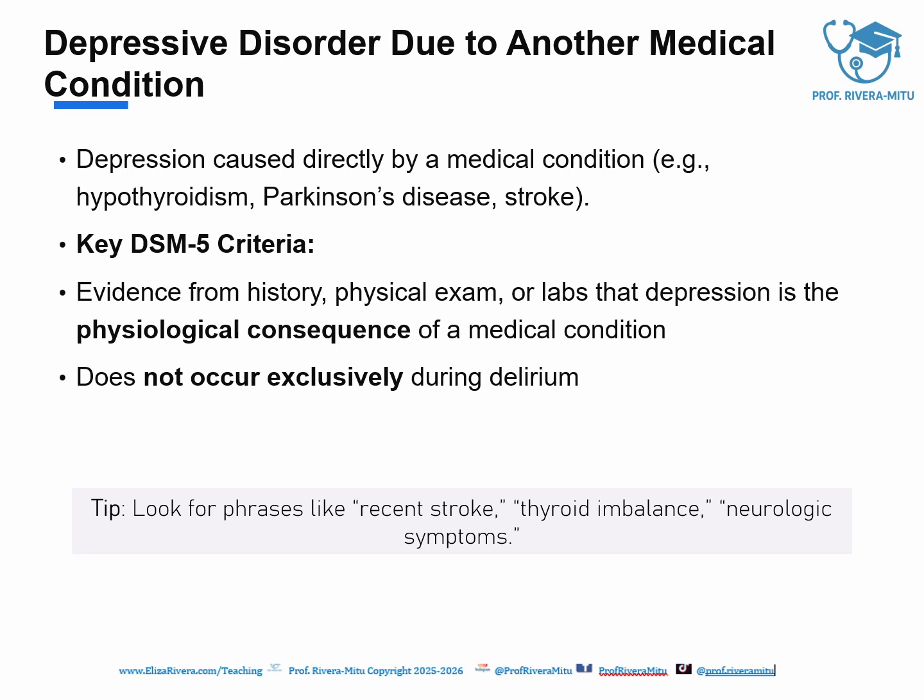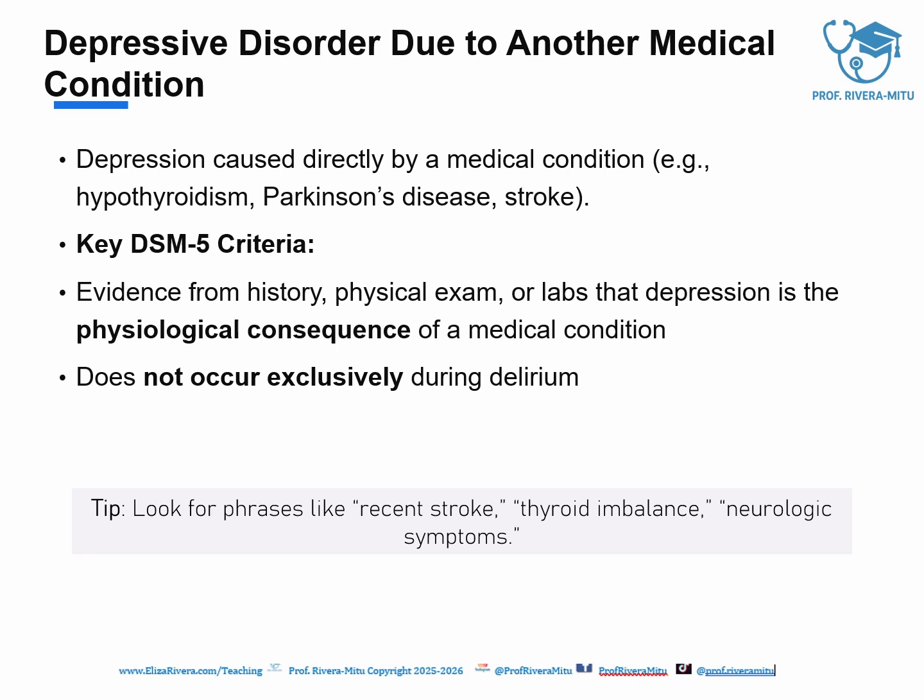A depressive disorder due to another medical condition applies when depression is caused by a medical condition such as hypothyroidism, Parkinson's, MS, or stroke. DSM-5 requires clear evidence of a pathophysiological connection. You won't make this diagnosis if the depression predates the illness.